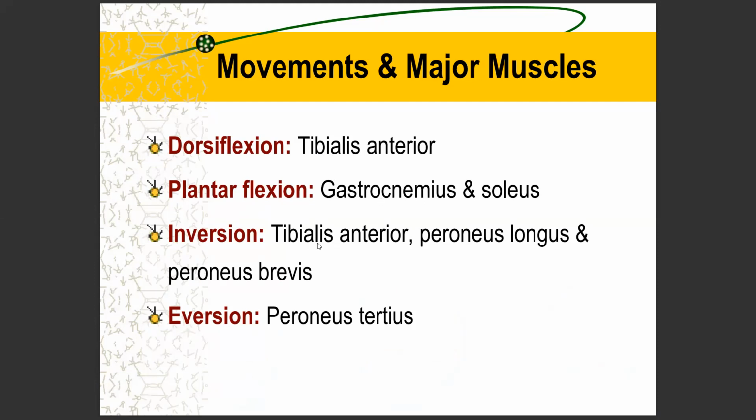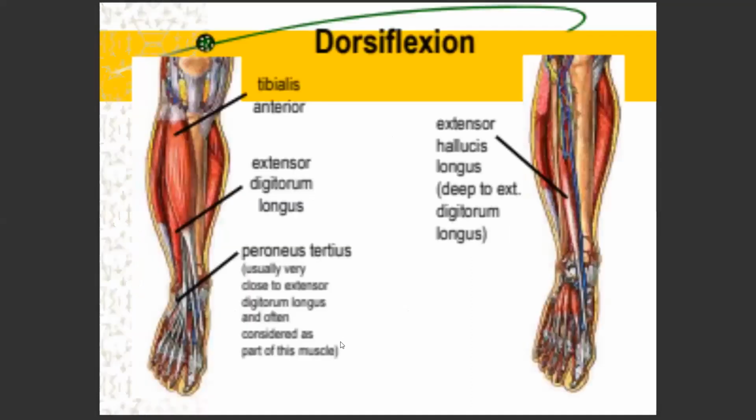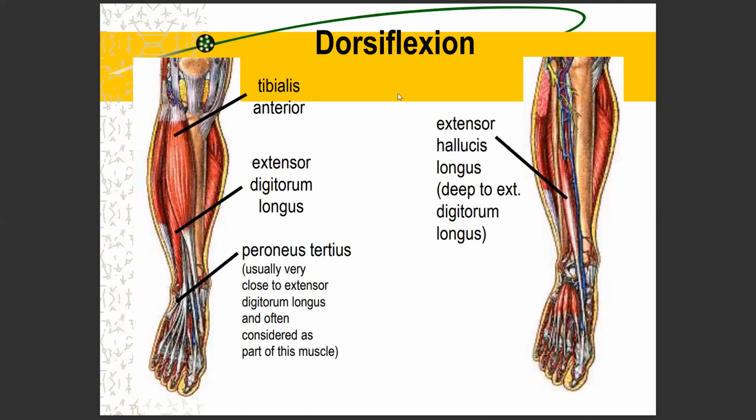Similarly, the tibialis anterior, the peroneus longus and peroneus brevis, these muscles are the inverters, responsible for inversion, while the everter is the peroneus tertius. The other muscles which help dorsiflexion are the extensor digitorum longus, the peroneus tertius, and the extensor hallucis longus.